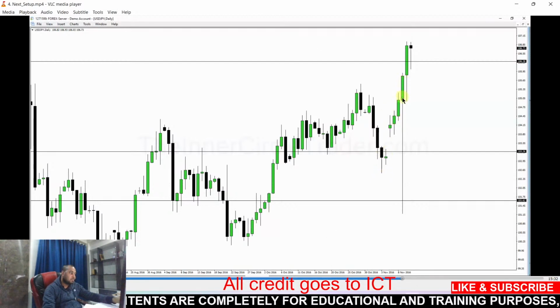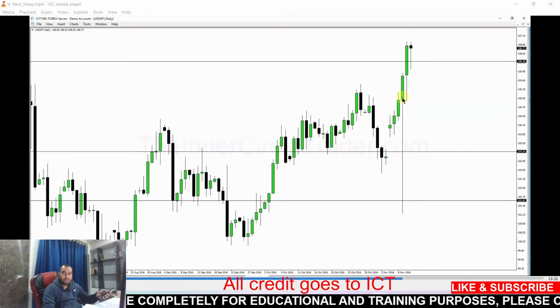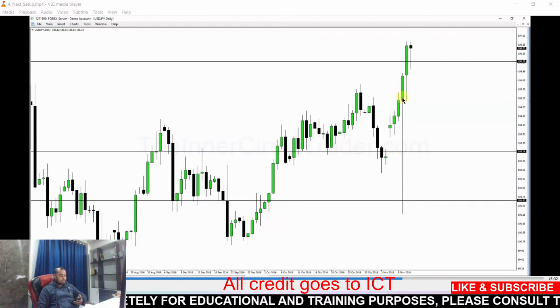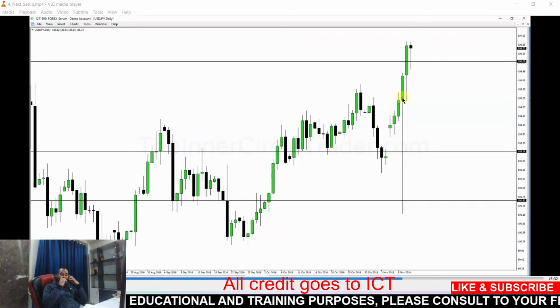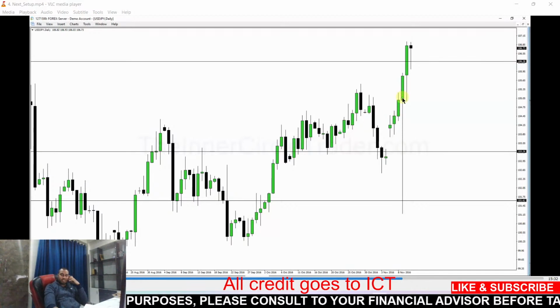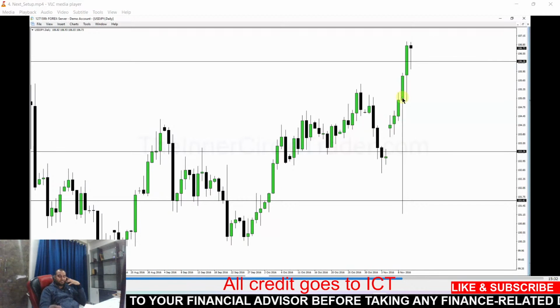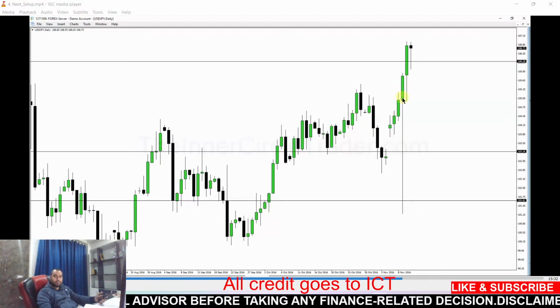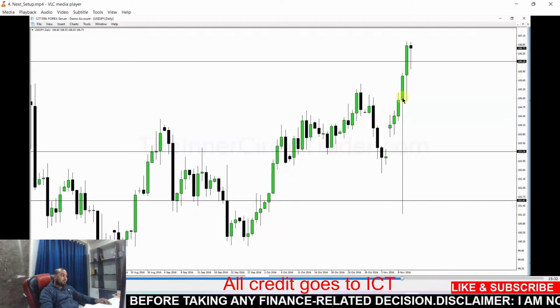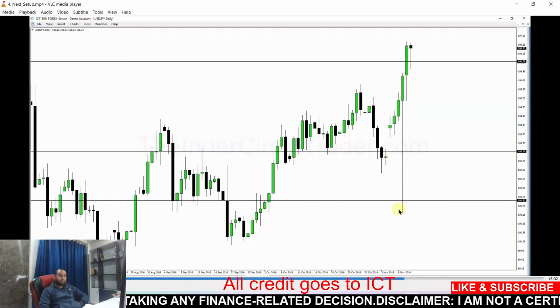It starts to rally away, then opens on the election, trades down into the previous bullish order block. This will be another buy, and rallying away.